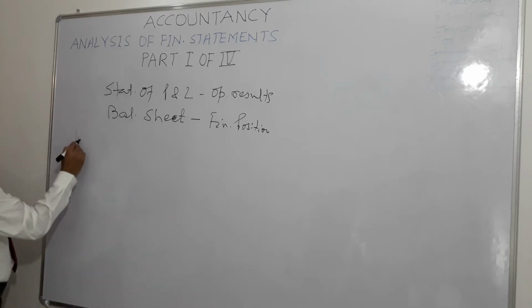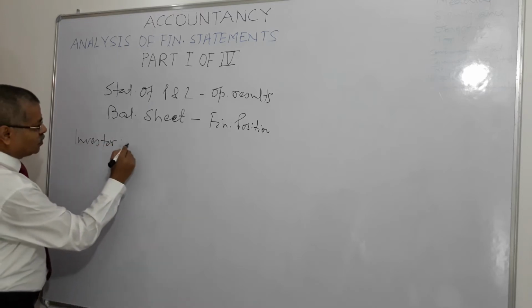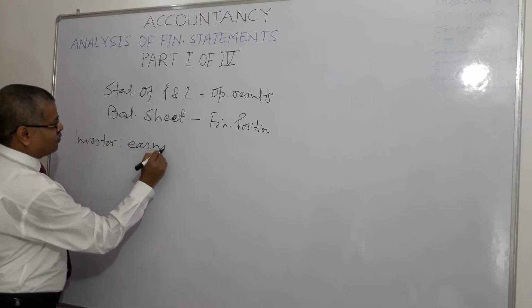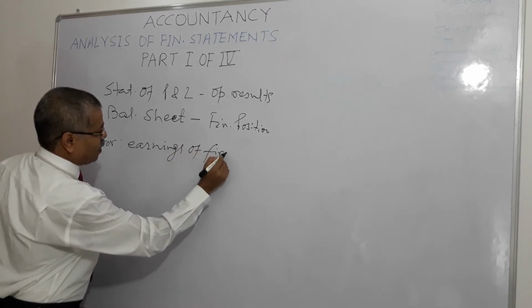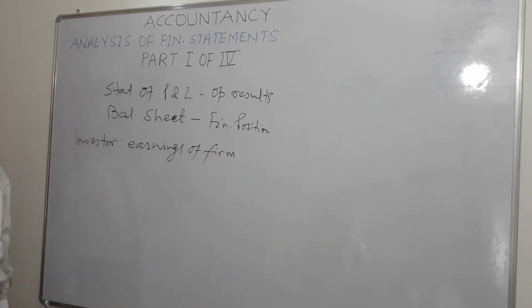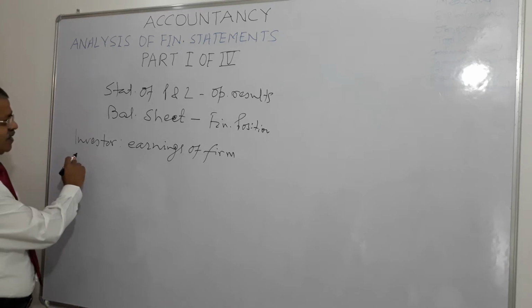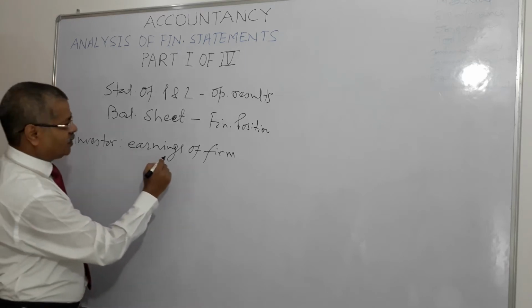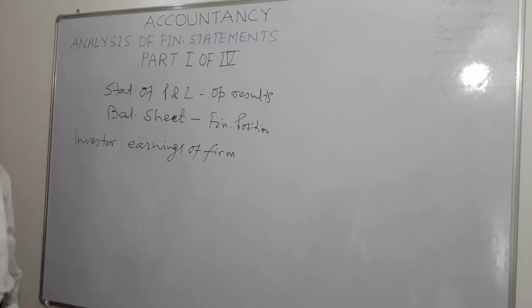Obviously, as an investor, your objective will be to know the earnings of the firm, right? You have invested. Why have you invested? With the objective of earning some money. So as an investor, your objective will be to study the earnings of the firm, right? Main objective.